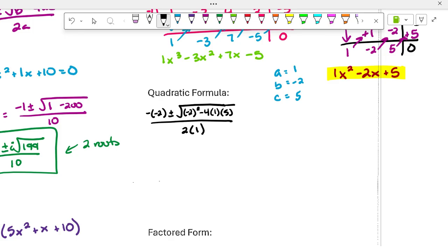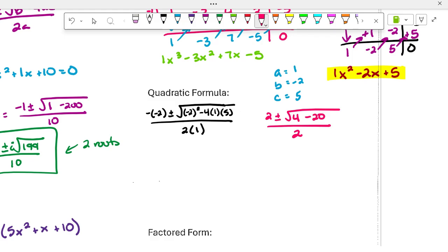Haven't done anything else besides putting it in the formula. Now if I do some simplifying, negative times negative is a positive, so this is +2 plus or minus the square root of 4. -4 times 1 is -4 times 5 is -20 all over 2.